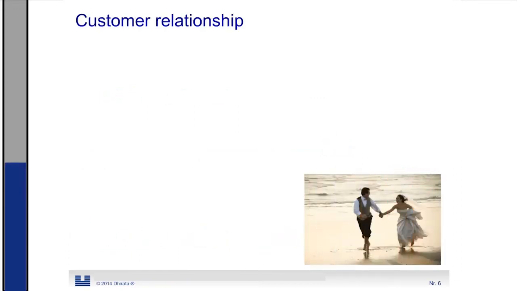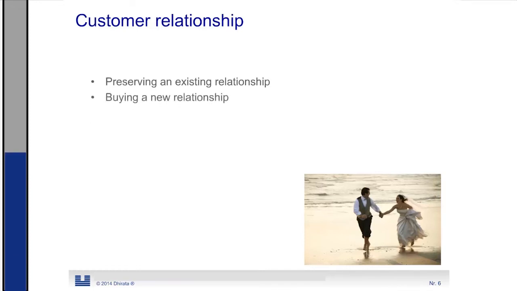It can also be that we are doing a specific project to preserve an existing relationship, because we have made some failures in the past and the customer is not as satisfied with us any longer. It also is possible that we can buy a new relationship.